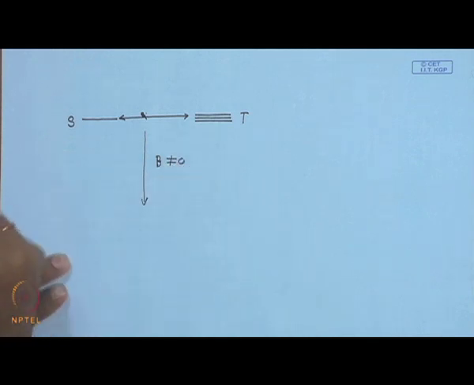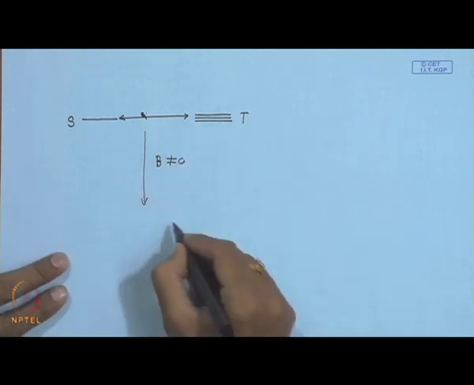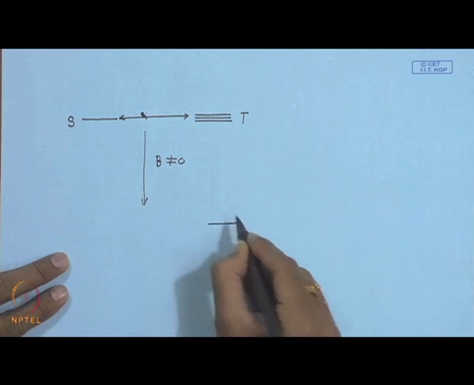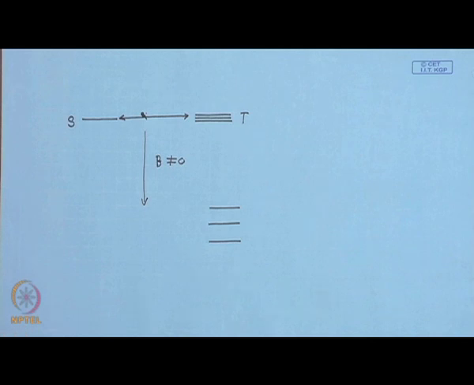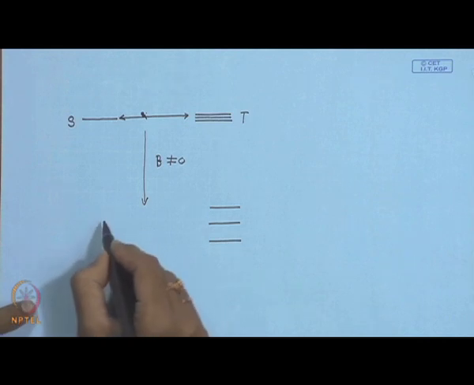So, what is going to happen then? Then this triplet becomes like this, and depending on the strength of the external magnetic field, this splitting will change with external magnetic field strength.